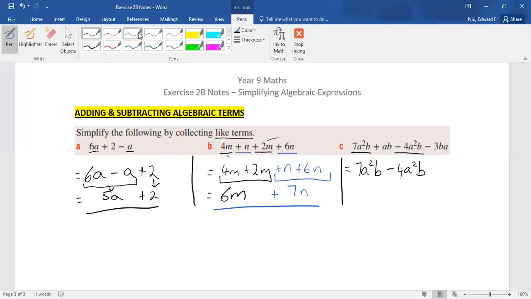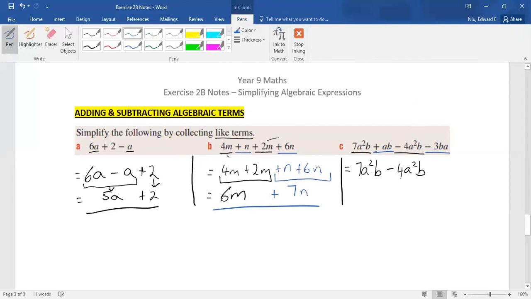The next part is, is positive 1ab, or ab, the same as negative 3ba? The answer is yes. Just because the a and b are in different order, that doesn't matter. As long as the powers are identical, then it's all good. Why? Let's just ignore this negative 3 for now.